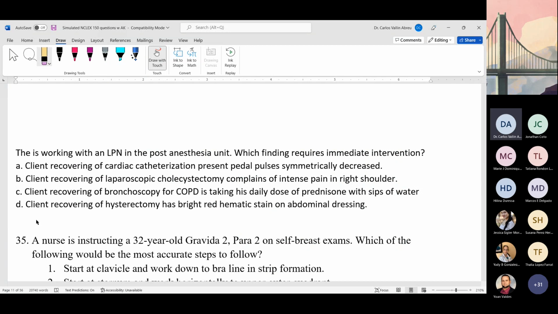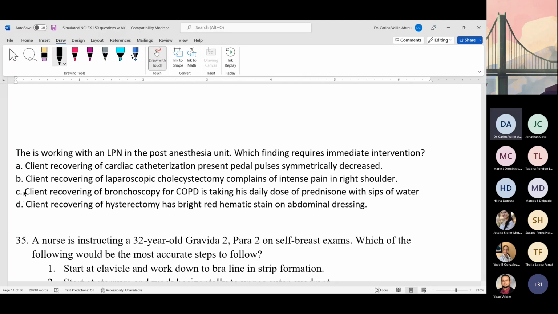C, client recovering from bronchoscopy for COPD is taking his daily dose of prednisone with sips of water. D, client recovering from hysterectomy has a bright red hematic stain on the abdominal dressing. What is the one that requires immediate intervention? The COPD one.